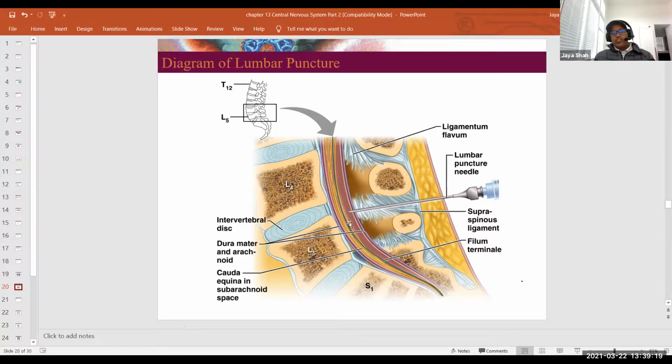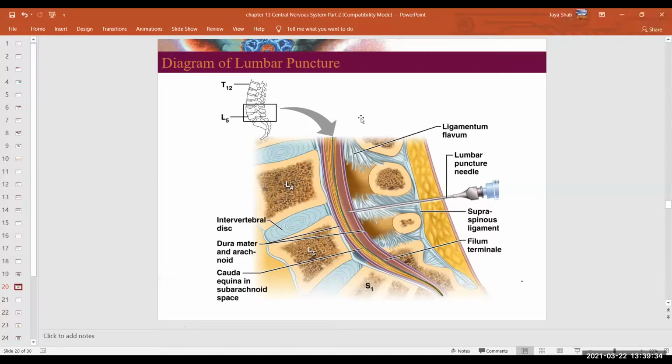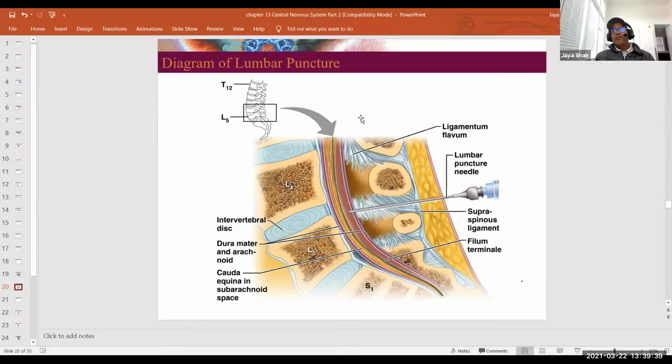So the easiest location is between L4 and L5, because in this area there is no spinal cord, because the spinal cord ends at the level of L1 or L2. But the subarachnoid space extends to between L4 and L5.